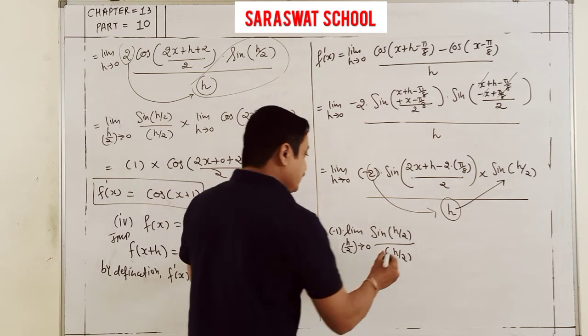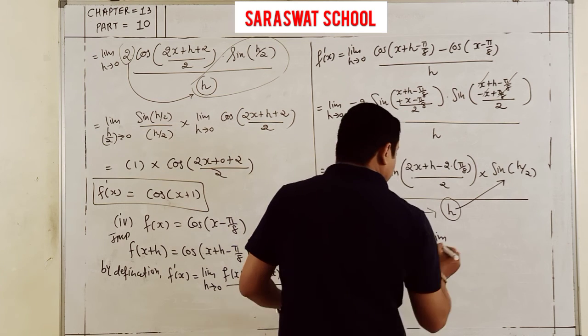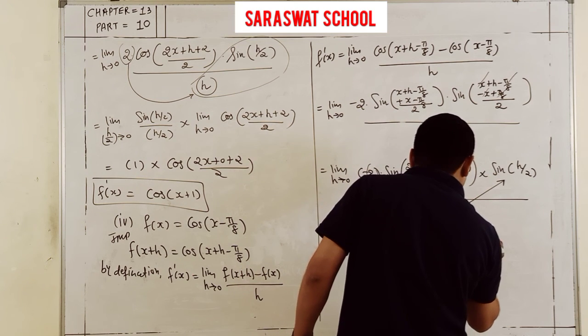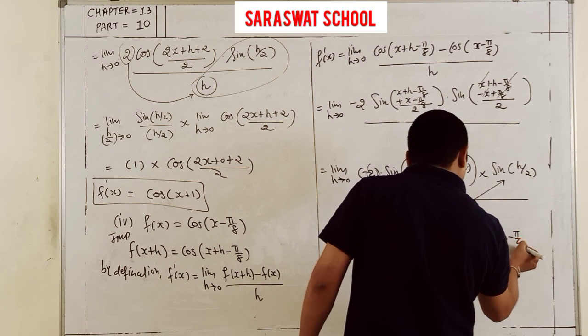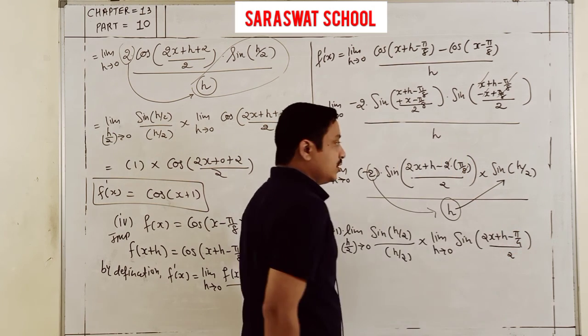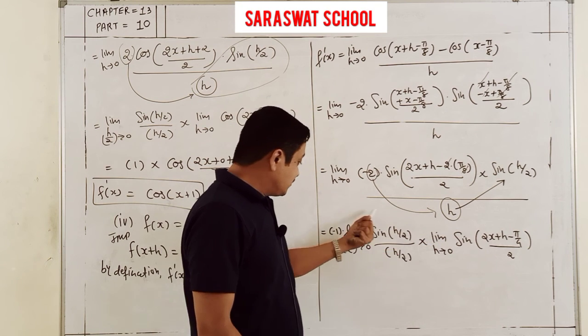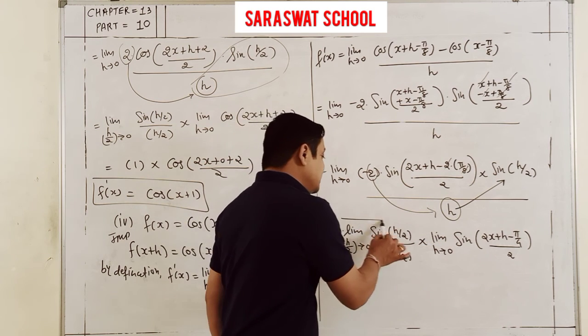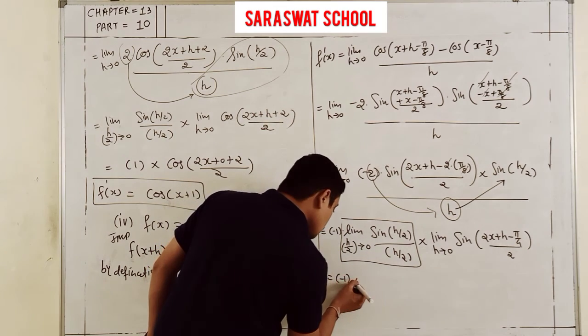And secondly, limit h tends to 0, sine of (2x plus h minus pi by 4) by 2. One more time repeat, here pi by 4 and the other are the same. Students, these functions you know it is exactly 1. So minus 1 into 1.